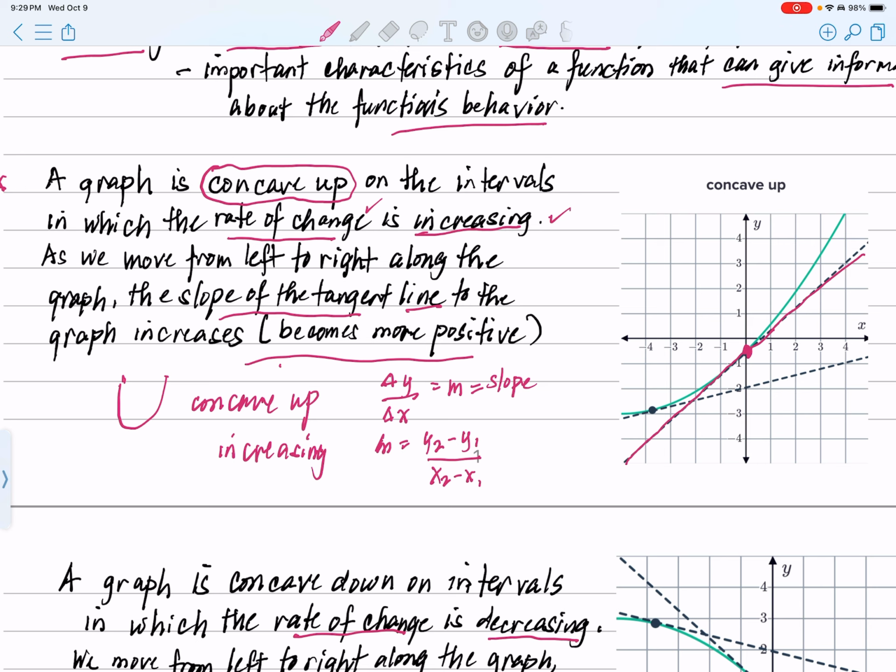This is what we call the tangent line. I hope you remember this from algebra 2.